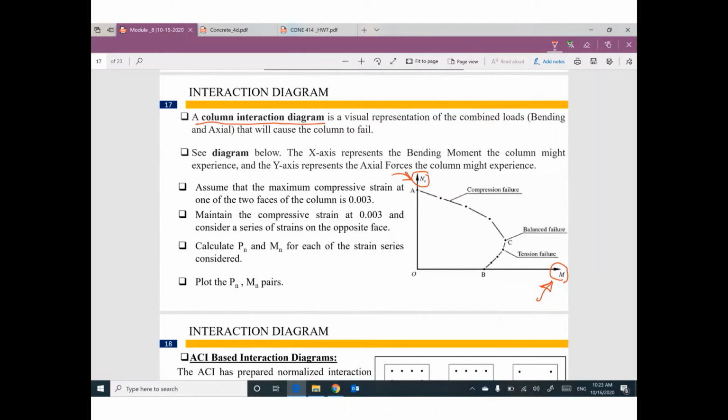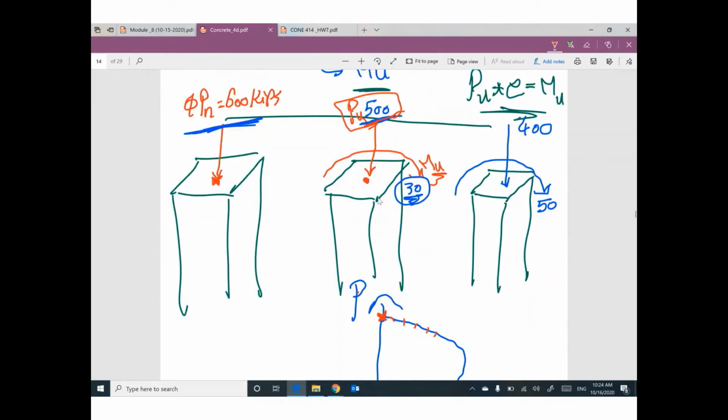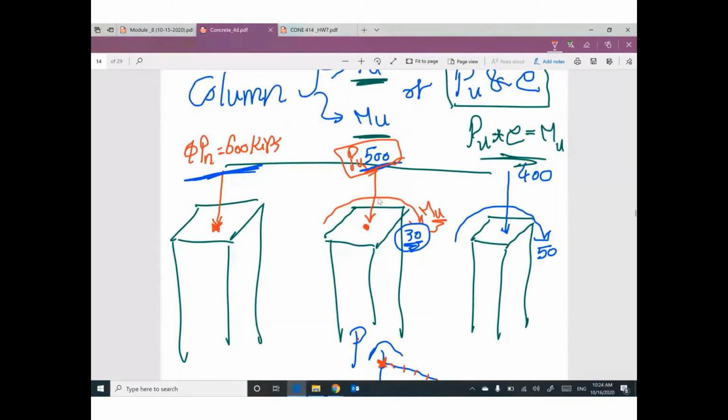It's just a relationship between moment and P or N, representing a combination of the two effects. As I told you for this little example, if you don't have moment, we have big axial capacity.